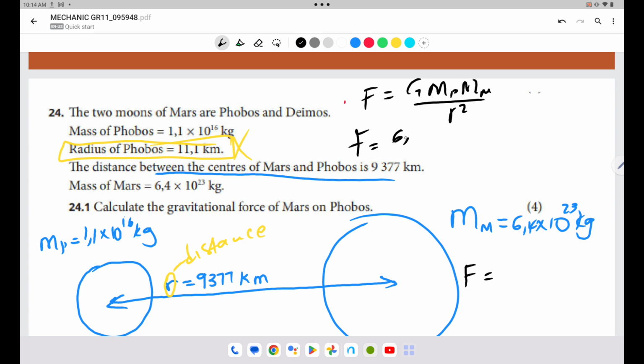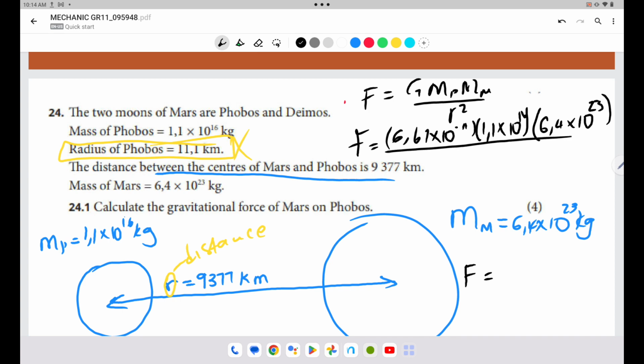Remember, G is always given on the data sheet, then the mass of Phobos that is given times 10 to the power of 16, and then the mass of Mars, that is 6,4 times 10 to the power of 23. Always make sure that your r is squared, because that's one of the mistakes I see when I mark scripts. To the power of 3, all squared.